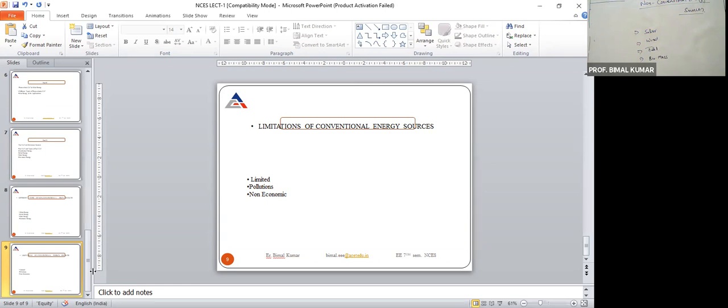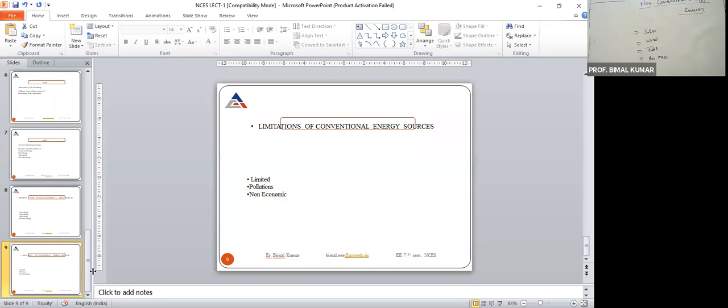So these conventional types of the energy sources are also non-economic in comparison with the non-conventional types of the energy sources, right? If we are using continuously, if we are dependent on conventional types of energy sources, this may cause global warming, greenhouse effect, acid rain.